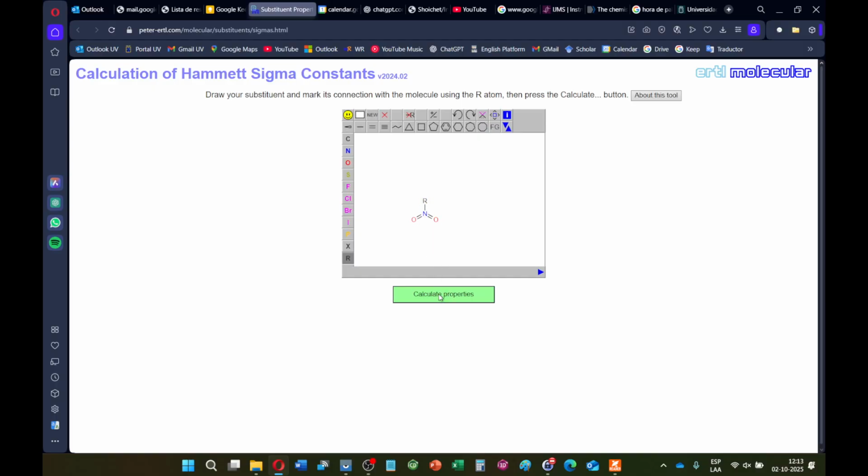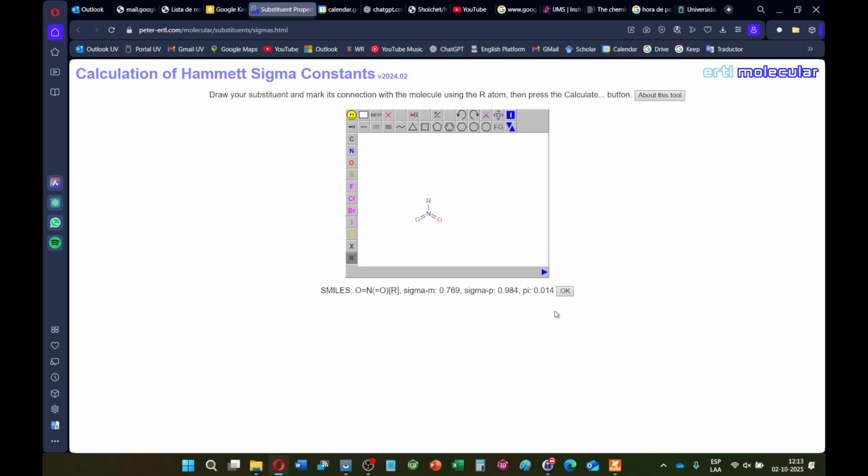It also gives a pi value, which I will explain later. The question that arises is why the sigma value in position para is greater than the sigma value in position meta.